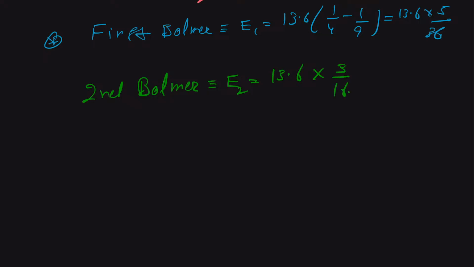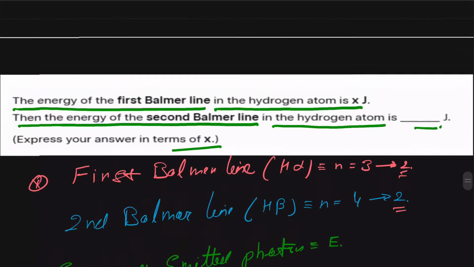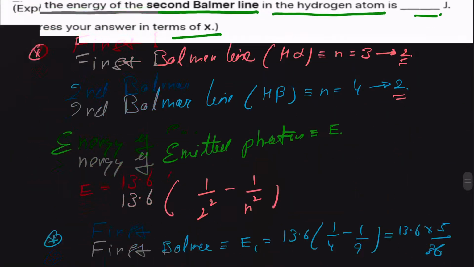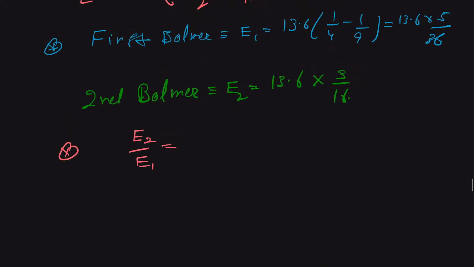and the ratio, okay, X is given to us, so we can write that our E2 upon E1 will be equal to 3 upon 16 and 5 upon 36, which will be giving us 27 upon 20.